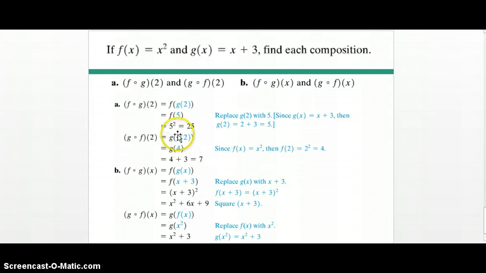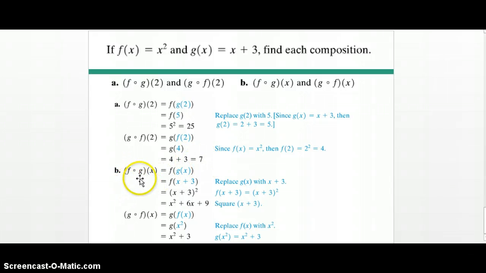Now replace f of 2 with 4. We will get g of 4. Now you substitute the value of 4 in this function. In the place of x, 4 plus 3 will give 7. So g composition of f of 2 equal to 7.